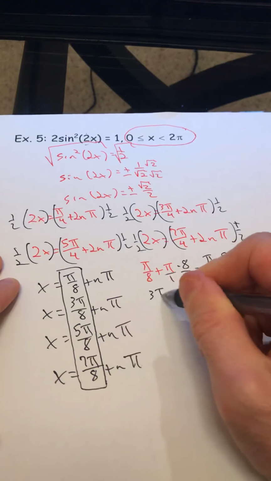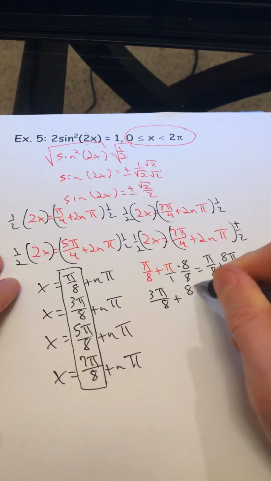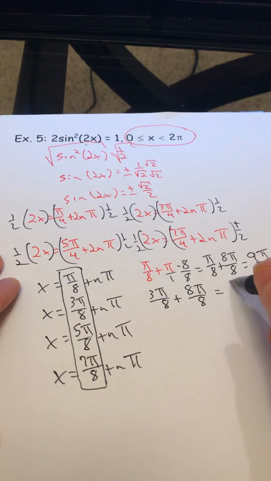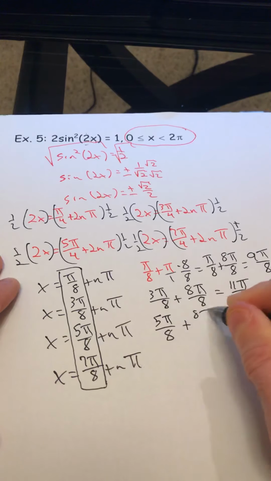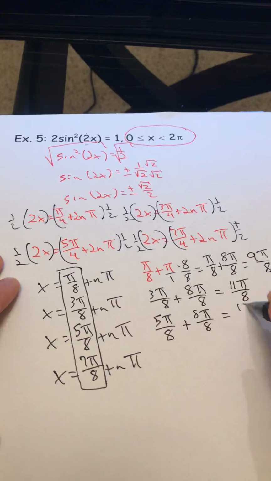Then we do the same thing, 3 pi over 8 plus 8 pi over 8, 11 pi over 8. 5 pi over 8 plus 8 pi over 8, 13 pi over 8.